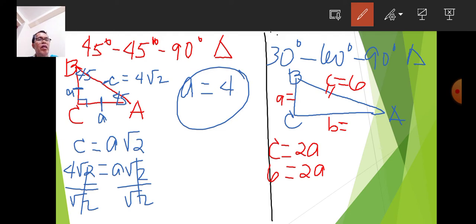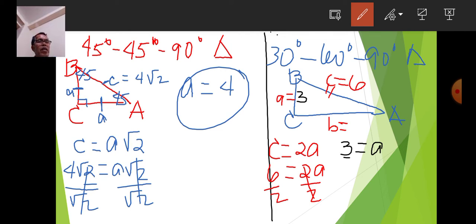Dividing both sides of the equation by 2, the 2 cancels out on the right side. You will now have 6 divided by 2 is 3 equals A. So A now is 3.